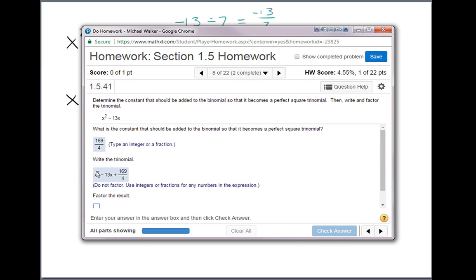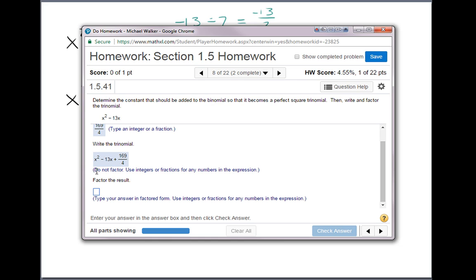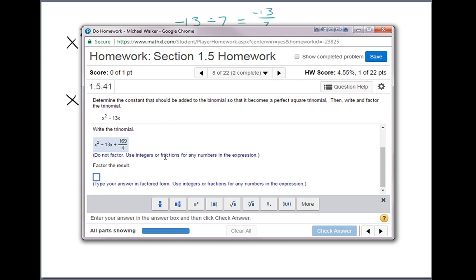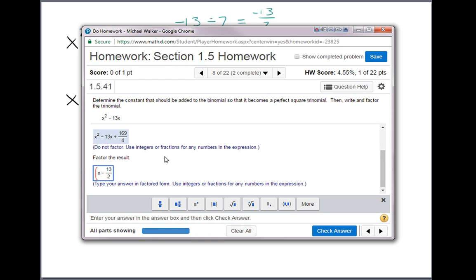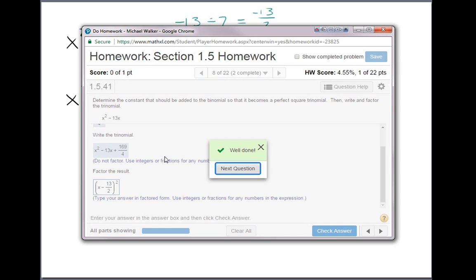Alright. And now we're going to factor the result. So that's going to be the quantity x minus, it was 13 divided by 2, right? And this whole quantity is going to get squared. That's our factorization. Alright, one successful question down. Great.